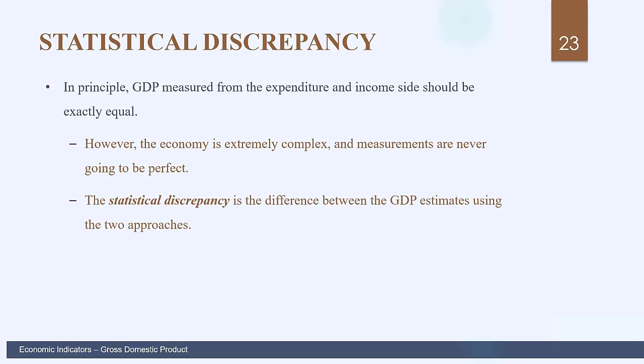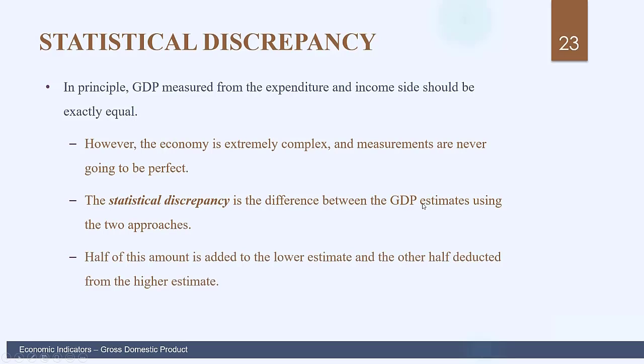A typical statistical agency, when they collect data and publish or report the figures on GDP, will add in this category called the statistical discrepancy. And it's simply the difference between the 2 estimates. And what they do is divide that difference in half and then add it to the estimate that's lower and subtract it from the estimate that's higher so that both will balance out.